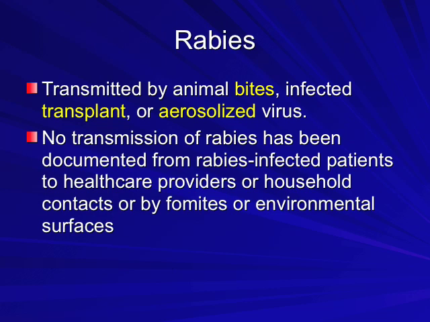Also, aerosolized transmission, for example, if a lab worker is handling a particular specimen, could be one source of inhalation rabies. And if somebody goes to a cave full of bats, it has to be a cave with a lot of bats, so it may be another way to get it.